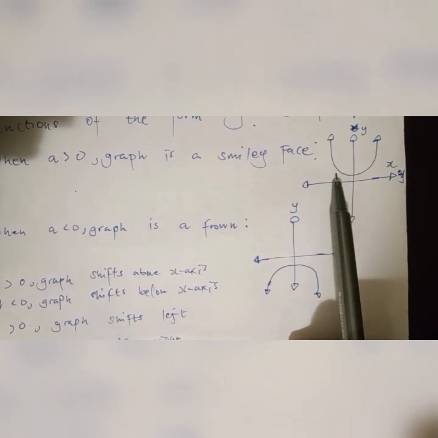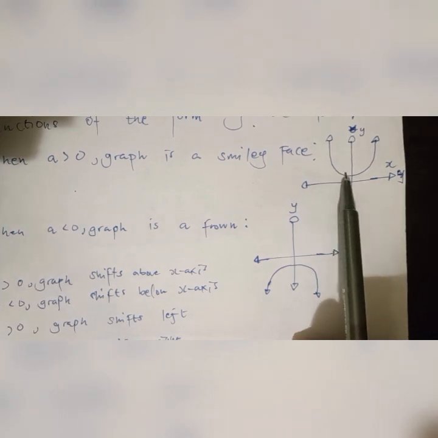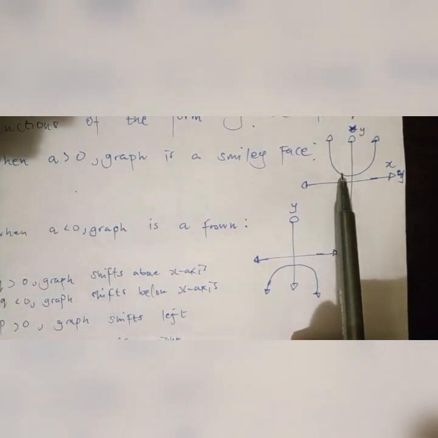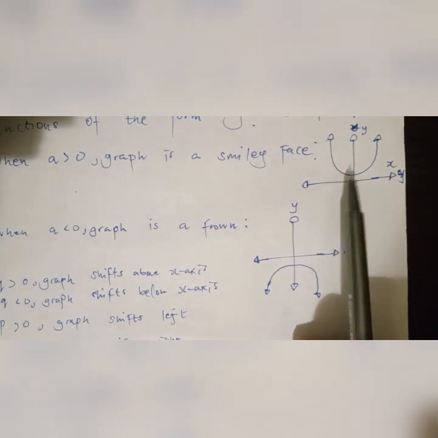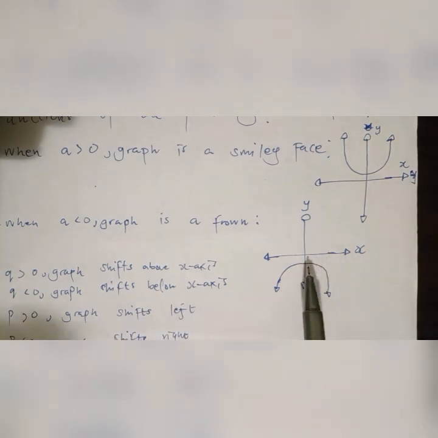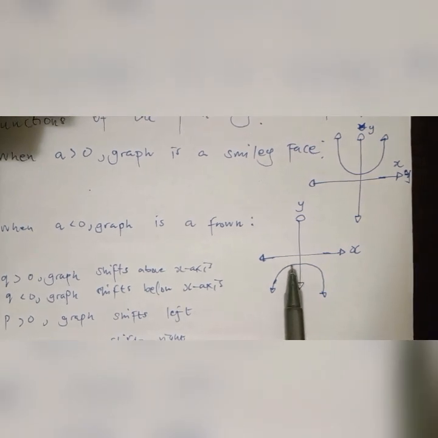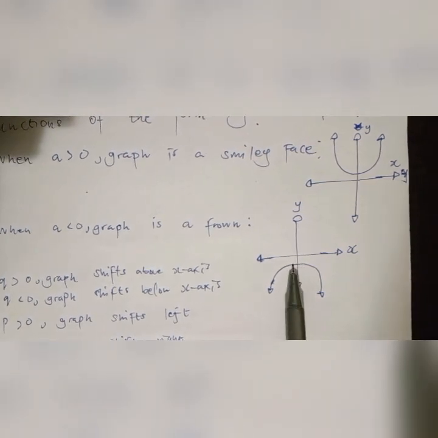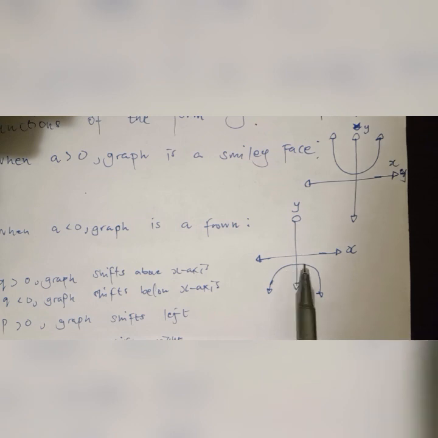It is above the x-axis, which tells us that q is greater than 0. So q is positive on this one. And then when q is less than 0, the graph shifts below the x-axis, or is below the x-axis. So on this one, the graph is below the x-axis, so q is less than 0.